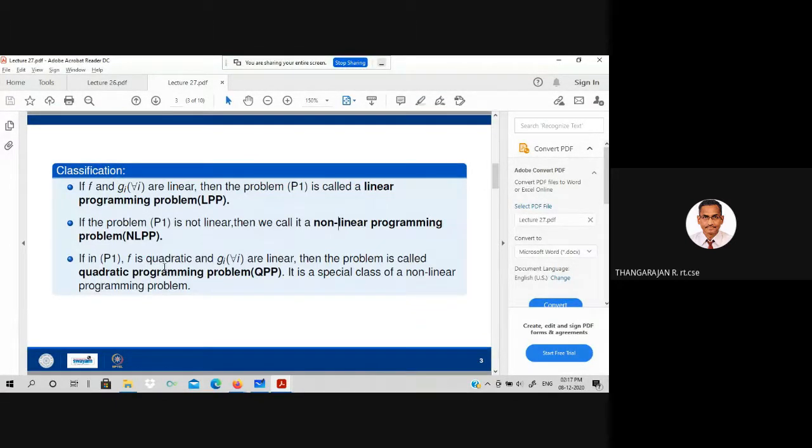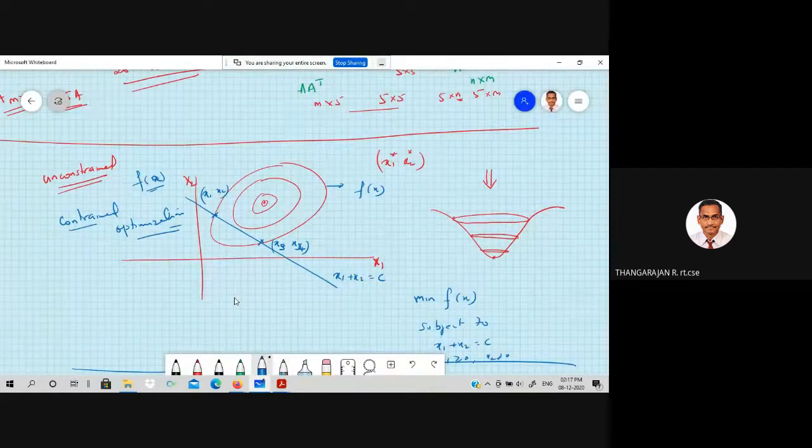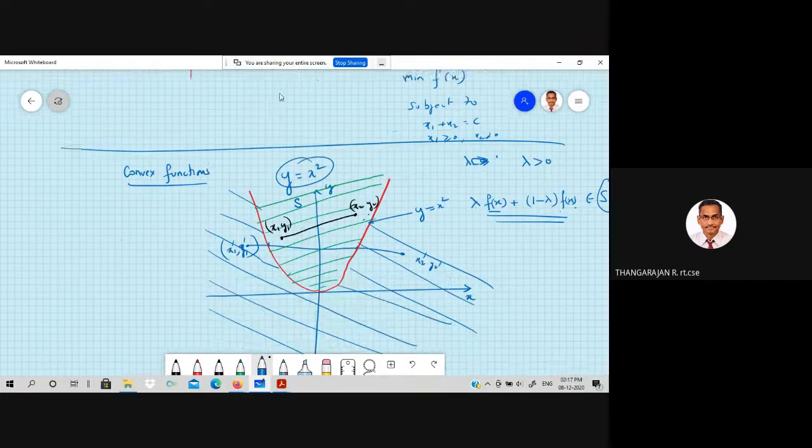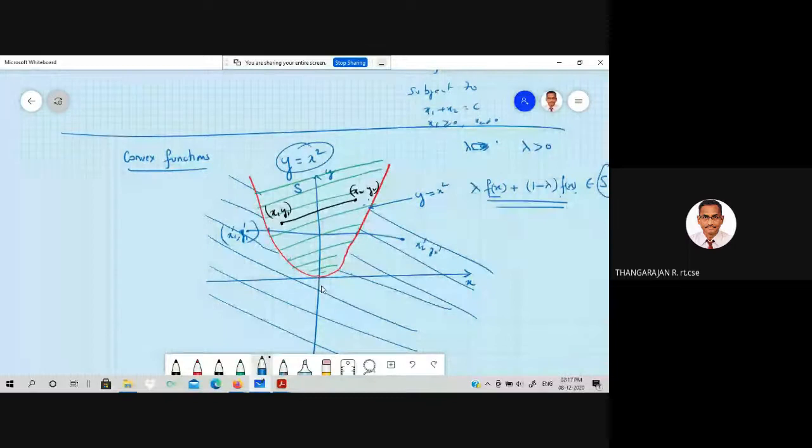And in the non-linear programming problem, if the function happens to be of power 2, like in the second example I have given here, where y is a square of x, that means it is quadratic.